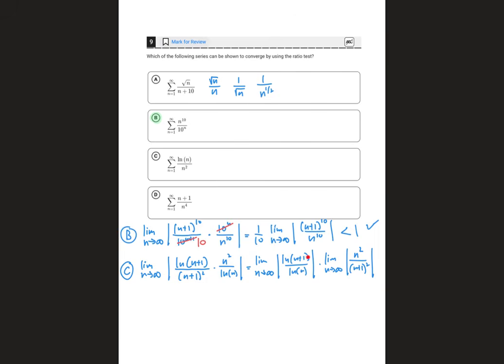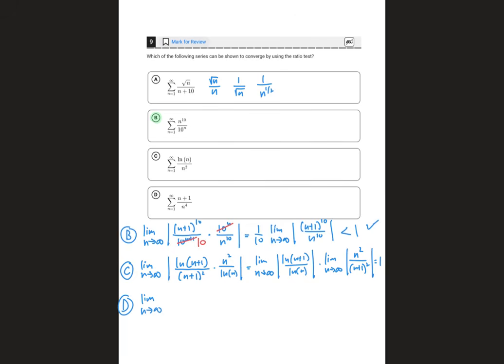So these are going to become closer and closer to each other, and this whole fraction is going to get closer to 1. It's the same idea here, where you could think of this as the same degree on the top and bottom. You'd FOIL this, get an n squared in the bottom, divide the leading coefficients, which are 1, and that would be 1. So this is really just 1 times 1, and so that's 1, which means that's inconclusive, so you can't use the ratio test.